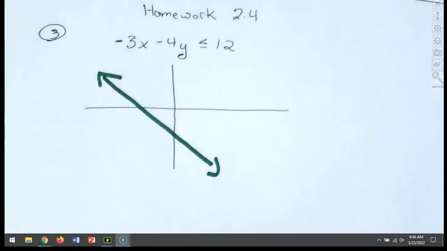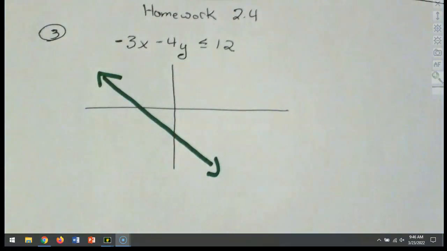So that's what you're given basically in question 3. Now, all we have to do is figure out, do we shade above the line or below the line? So some of these, about a third of these questions, you're going to have the graph already there. It's given. All you need to do is figure out, do I shade above it or below it?